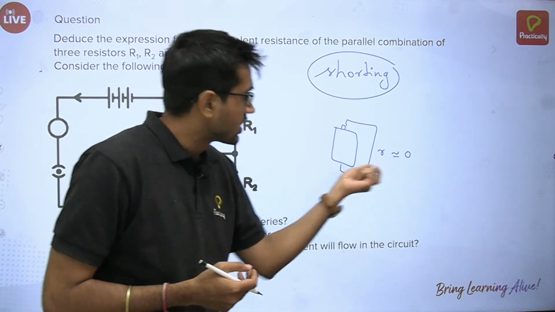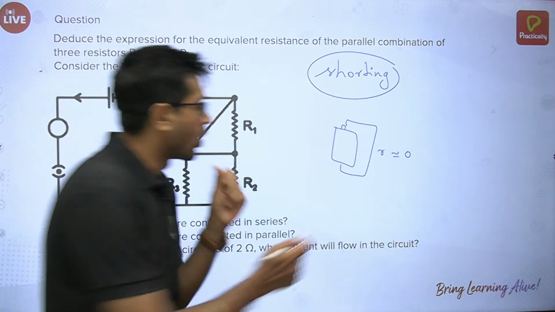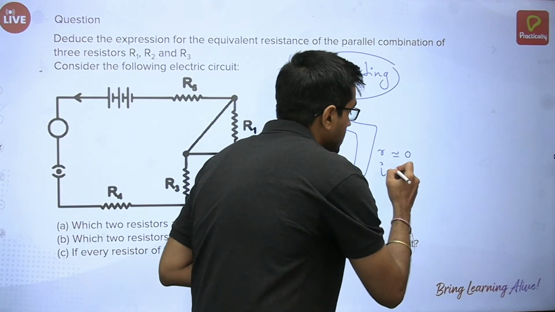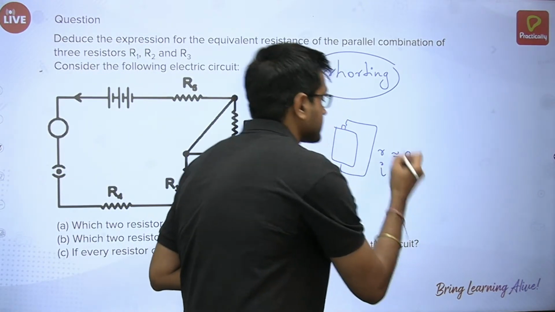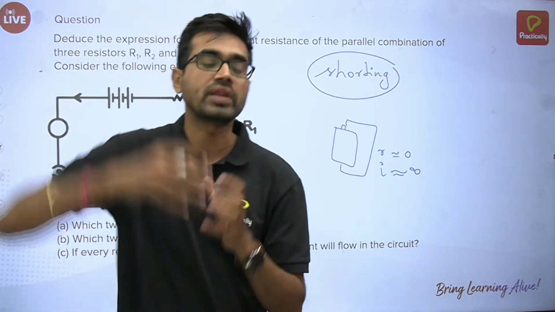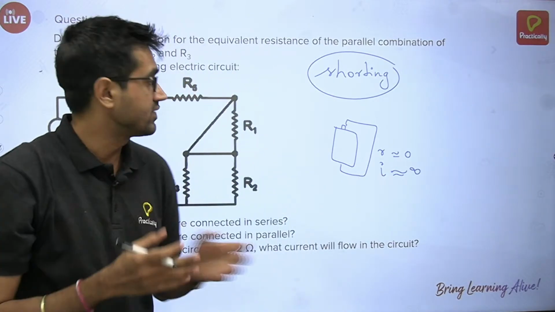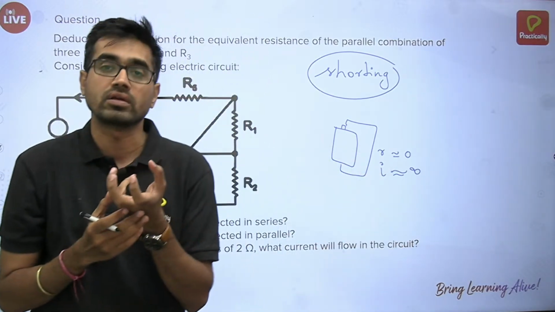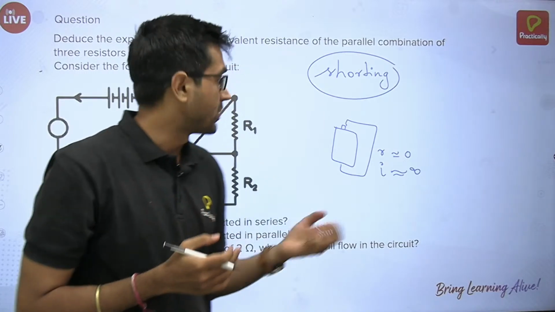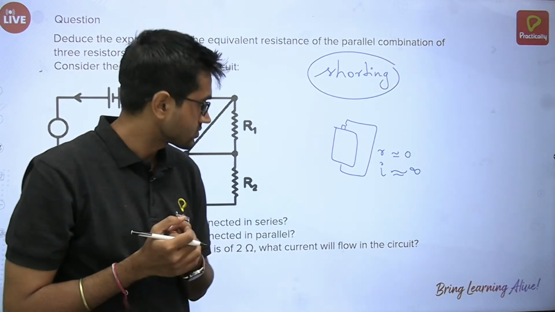So the resistance is very small and the current is very high, very large. This creates an effect in which the heat generated is very high, and therefore the battery starts to become hot and hotter.